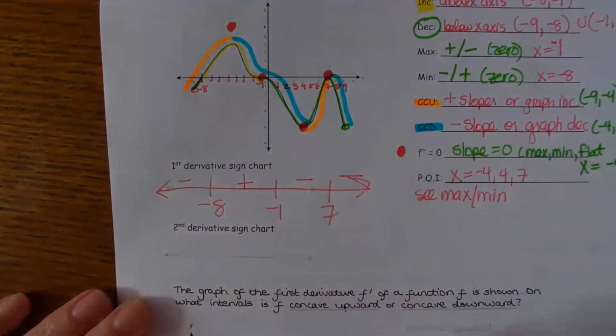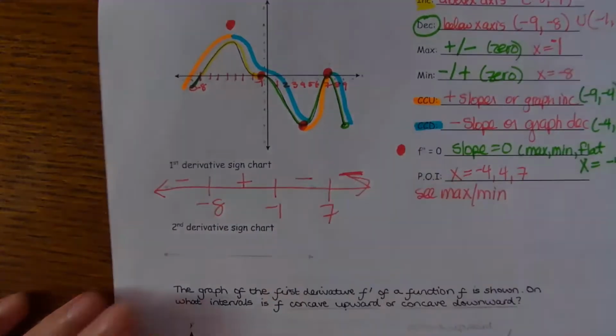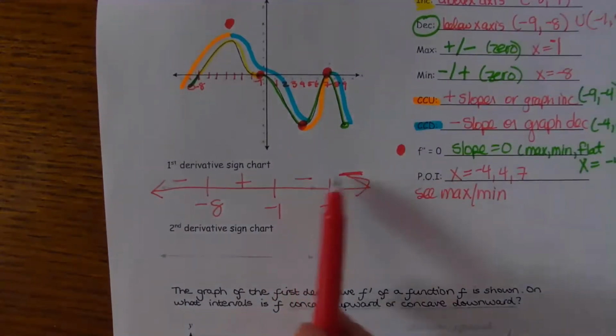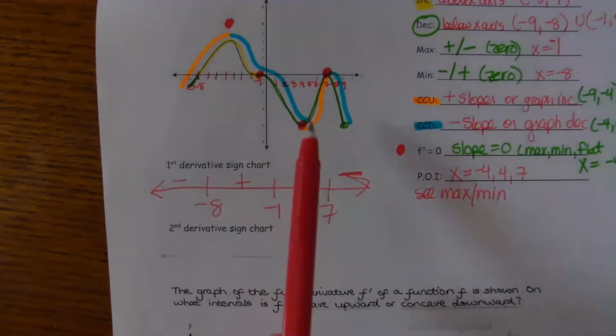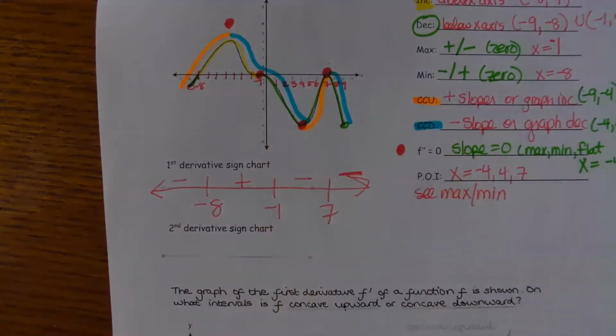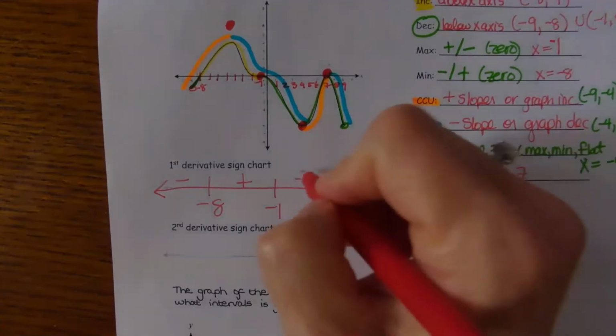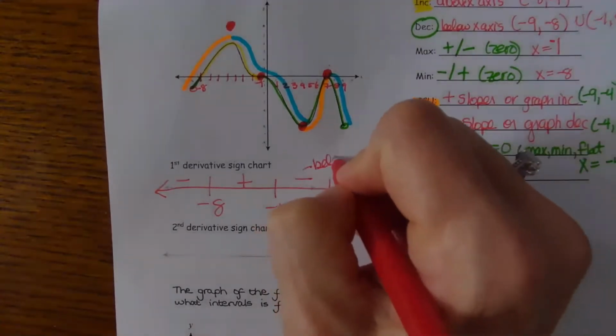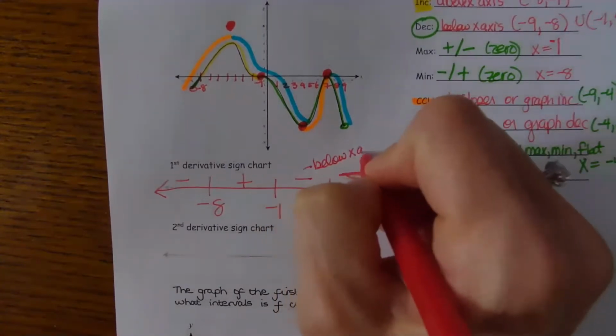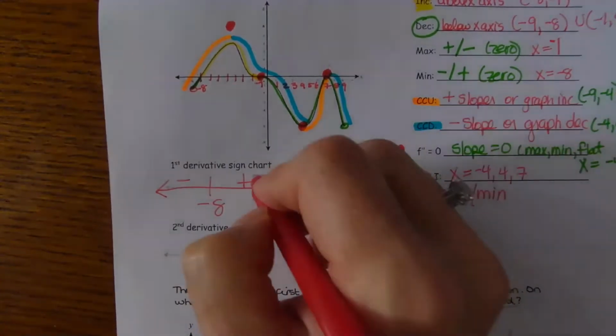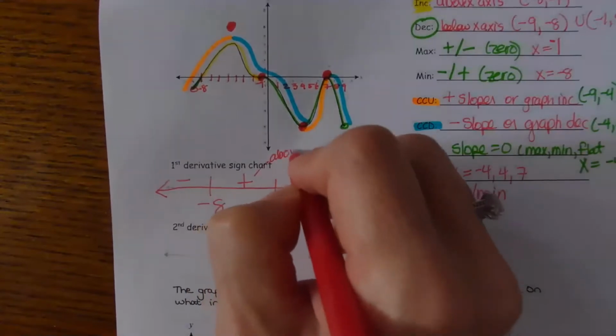And then it's still negative. Right? We didn't change sign right there because it's below and below. Remember, this negative means below x-axis. Positive means above.